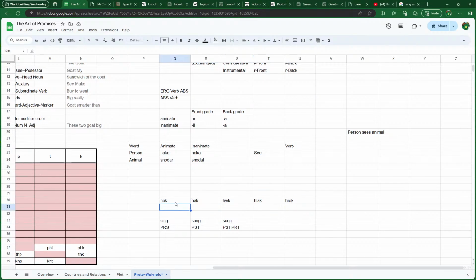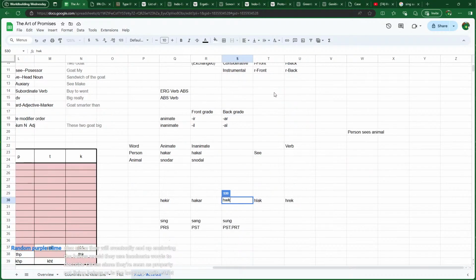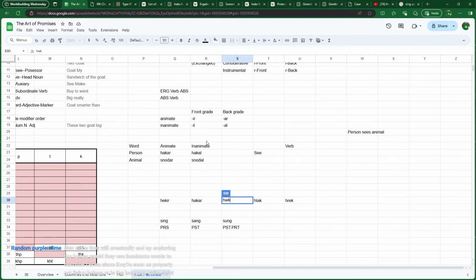Oh, and then all of these can also be, so Hakir, Hakar, and then this can sort of choose between front and back because there's no front and back for zero grade. So we will have it be treated as back.